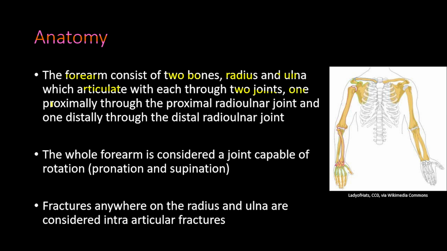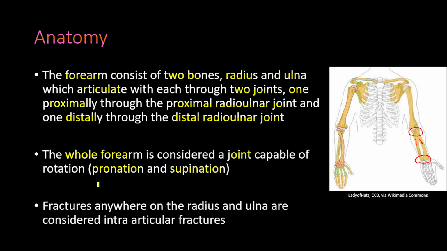One joint is proximal, and it is the proximal radio-ulnar joint, and the other one is distal, the distal radio-ulnar joint. So as you can see in this picture here, we have the radius and ulna, and they articulate with each other through the proximal radio-ulnar joint here and the distal radio-ulnar joint. And the whole forearm is considered a joint capable of rotation. So the forearm is capable of pronation and supination.